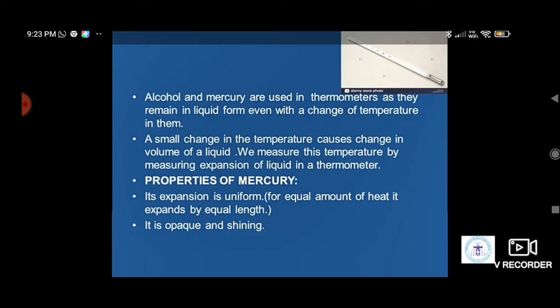So what are the properties of mercury? Its expansion is uniform. For an equal amount of heat, it expands by equal length. Then it is opaque and shining.